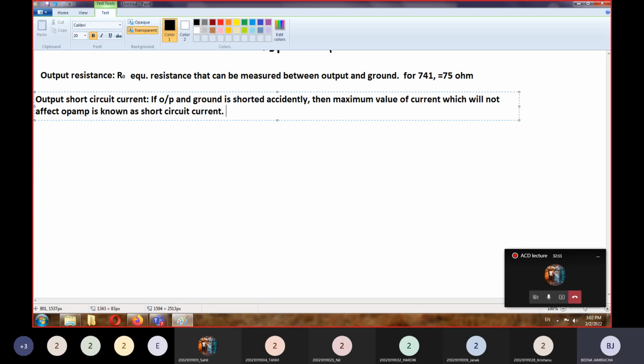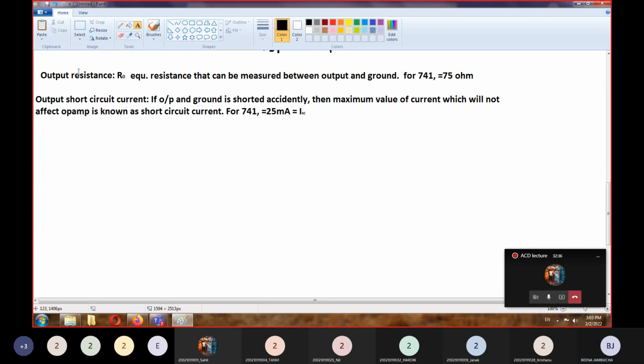And for IC 741, this value is near about 25 milliampere. You can also call it ISC, I suffix as C.